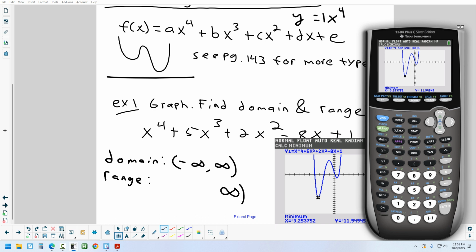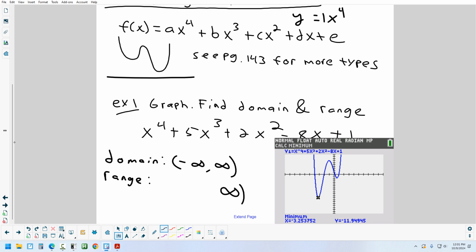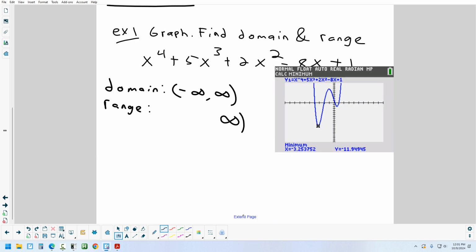And what is the lowest that graph is going to go on the y-axis? Negative 12 not included. Let's round to 2 decimal places: negative 11.95. And you can include negative 11.95 because we do hit it.